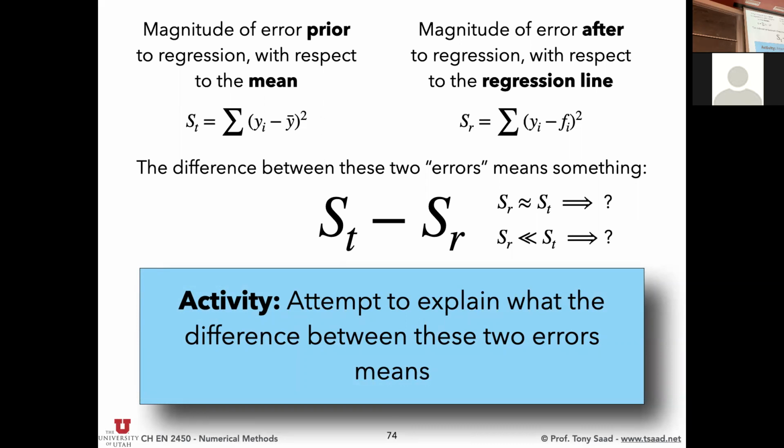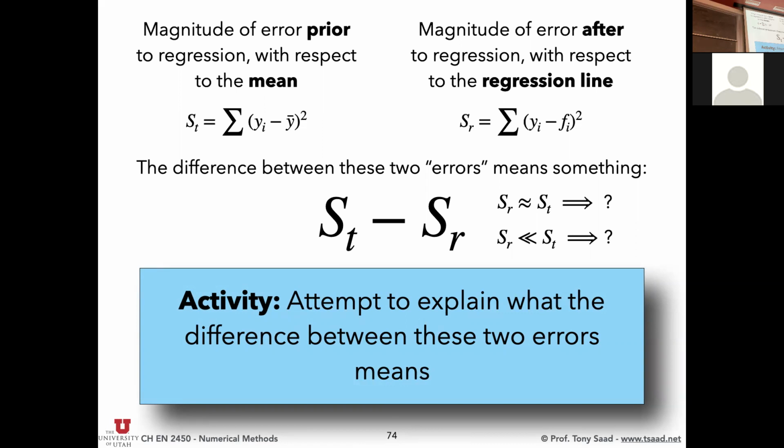And then I asked you last time, this difference means something. And you had two cases. If the error committed in regression is comparable to the error committed using the mean value, or if the error committed in regression was less or much less than the error committed using the mean value to describe the data.